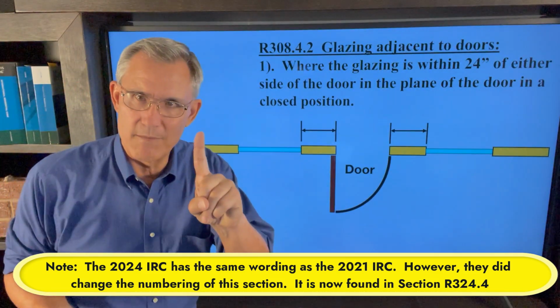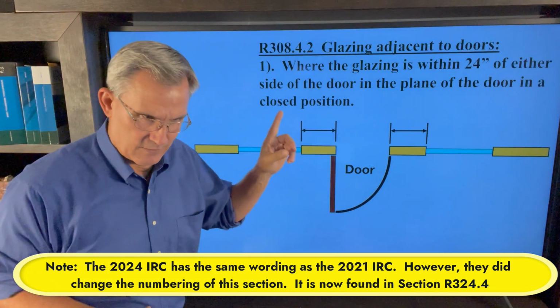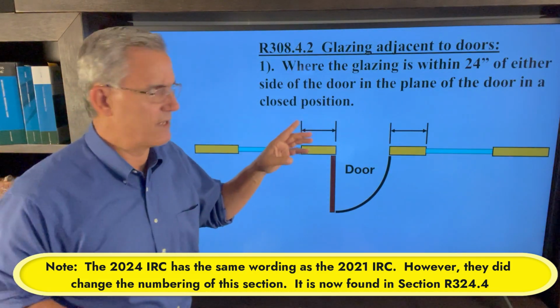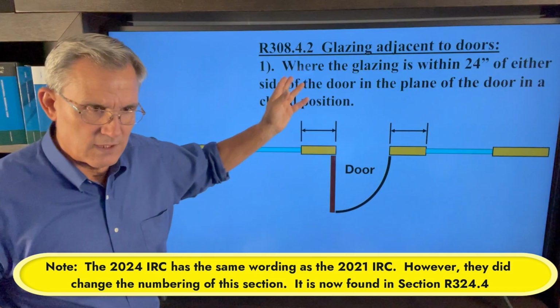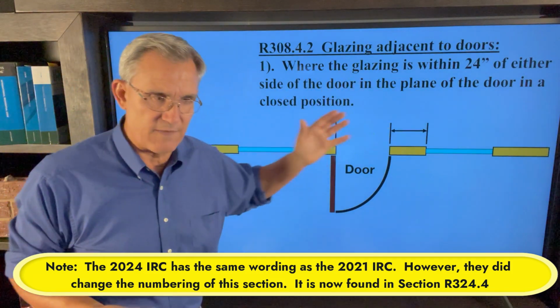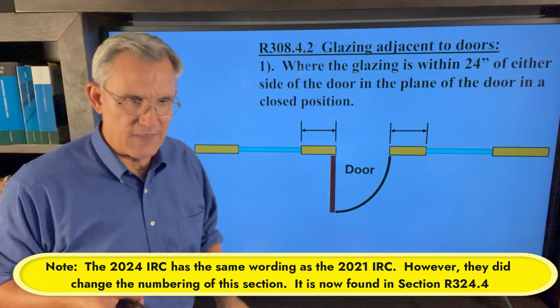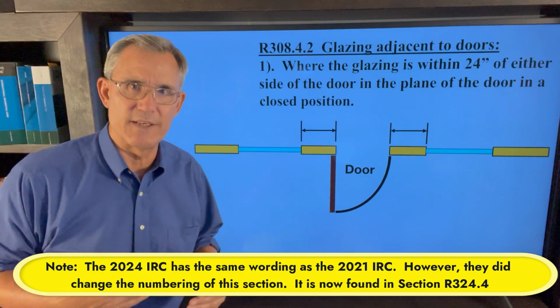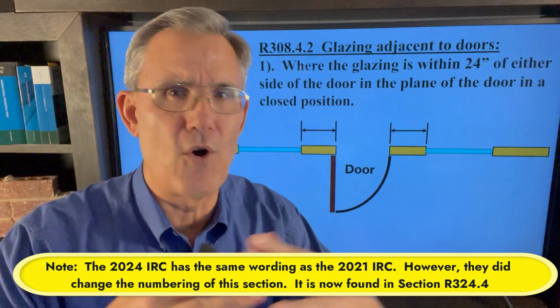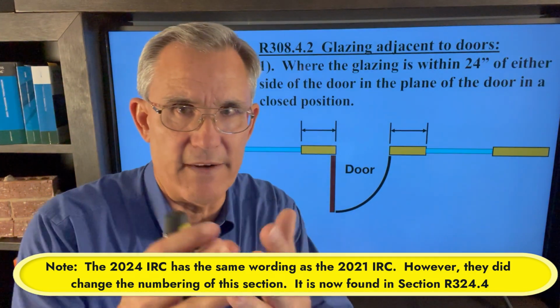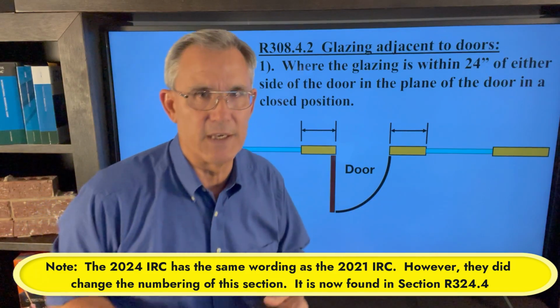So here's item number 1. Glazing adjacent to a door, and this is what it says. Where the glazing is within 24 inches of either side of a door in the plane of the door in a closed position. This is the way it's been almost forever, and everybody watching is probably familiar with this.